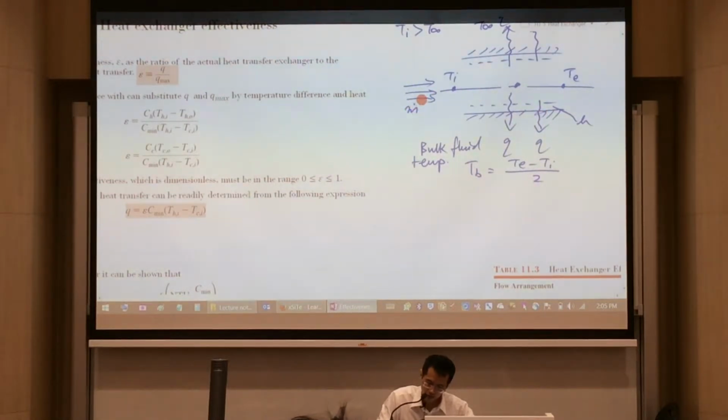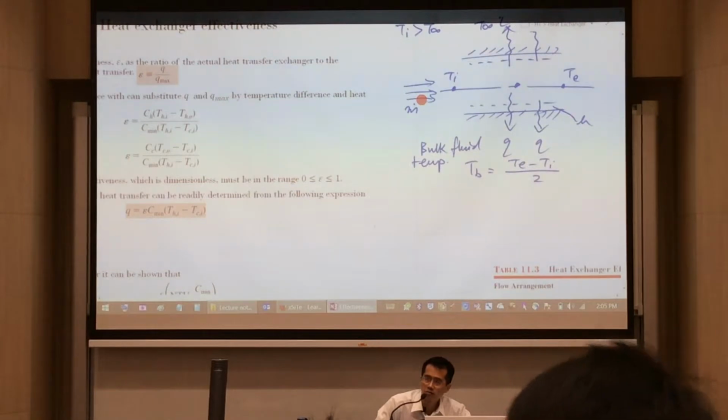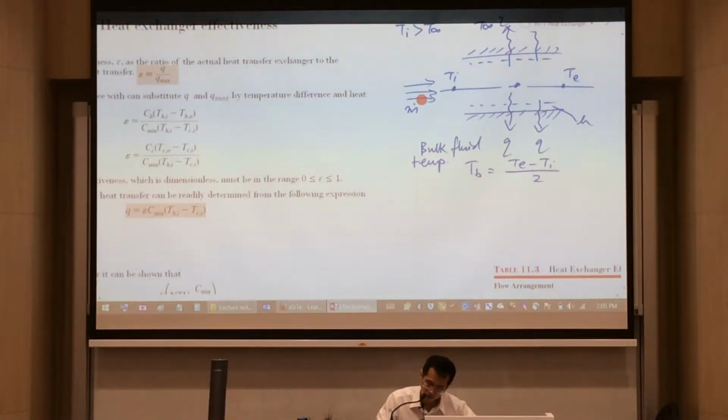And if this is flowing at a certain mass flow rate, and this cross-section area of the pipe, let's say I call it Ac, cross-sectional area.